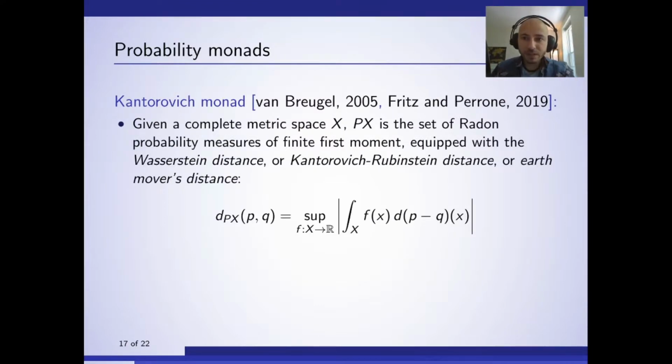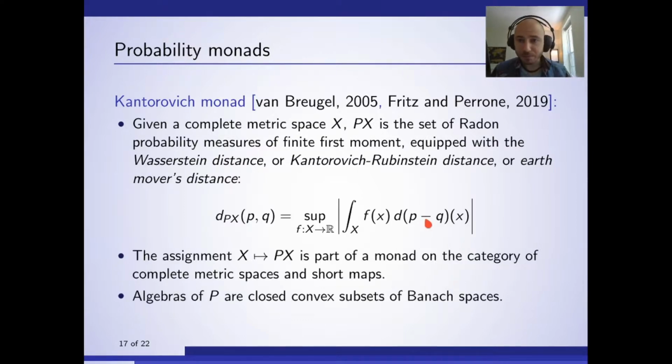There is this very nicely behaved monad on the category of complete metric spaces, and the algebras are what they should be, in the sense that they have to be objects of our category, so complete metric spaces, and have to be convex in some sense. So closed convex subsets of Banach spaces somehow are the convex objects, so to say, in the category of complete metric spaces, and that's exactly what the algebras are.